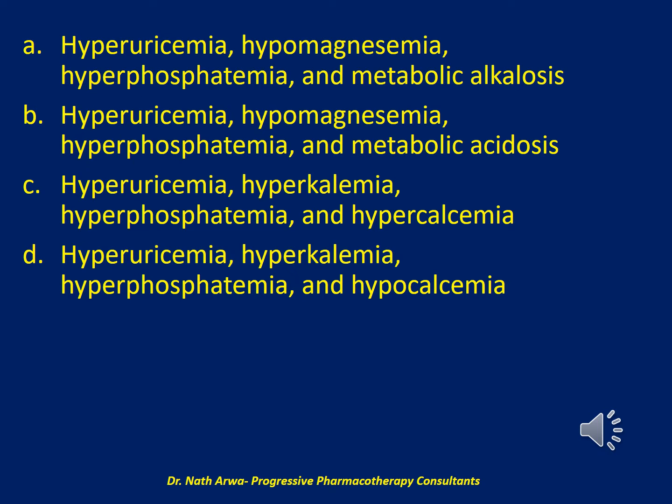Or B. hyperuricemia, hypomagnesemia, hyperphosphatemia, and metabolic acidosis? Or C. hyperuricemia, hyperkalemia, hyperphosphatemia, and hypercalcemia? Or are they D. hyperuricemia, hyperkalemia, hyperphosphatemia, and hypercalcemia? I will give you 10 seconds to choose the correct answer to this question from the listed options.